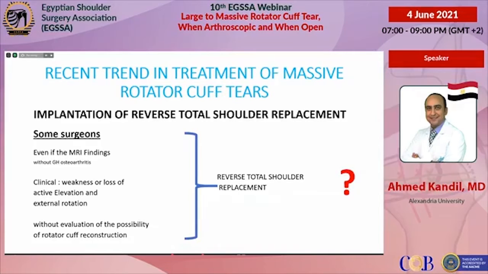Some surgeons even do the replacement with a joint without osteoarthritis when the clinical findings of weak or loss of active elevation and external rotation, as well as an MRI finding of massive tear is present, without evaluation of the possibility of rotator cuff reconstruction.